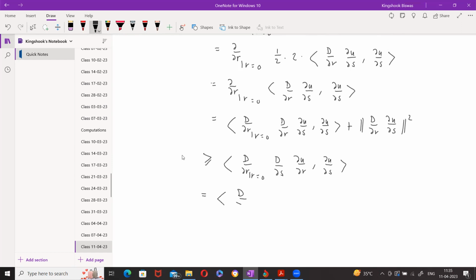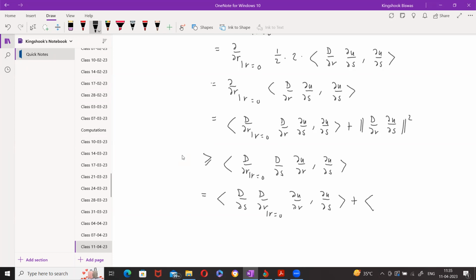So this will be D del s of D del r at r equal to 0 of del u del r, inner product del u del s, plus a curvature term.